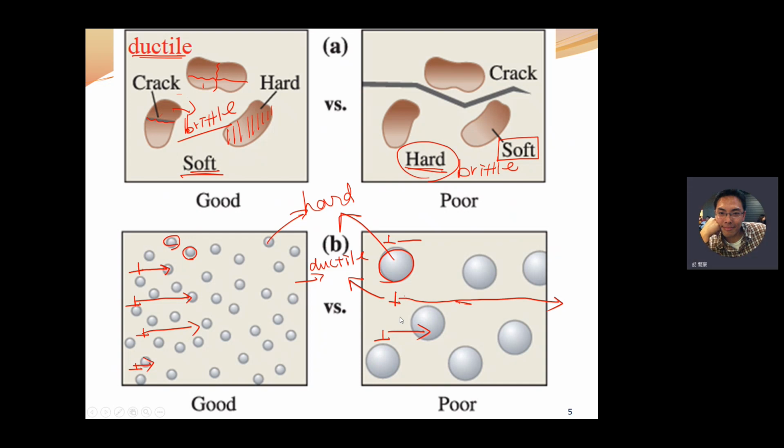Also, from the failure point of view, the crack will be initiated in the larger dispersed phase. For example, if we have a larger dispersed phase, the crack will be initiated inside this dispersed particle, and the crack will propagate through this larger dispersed particle.